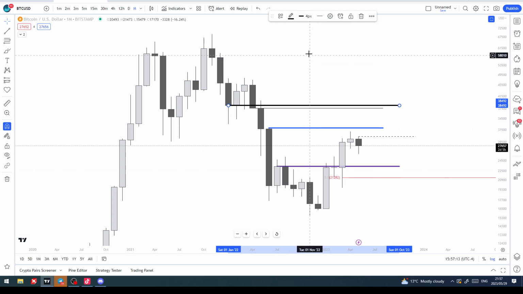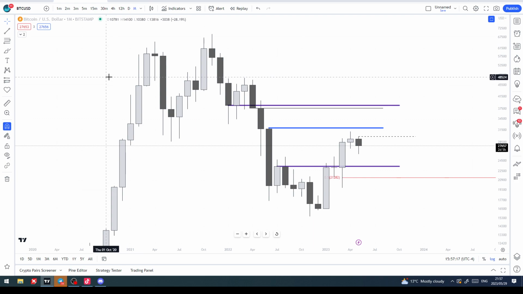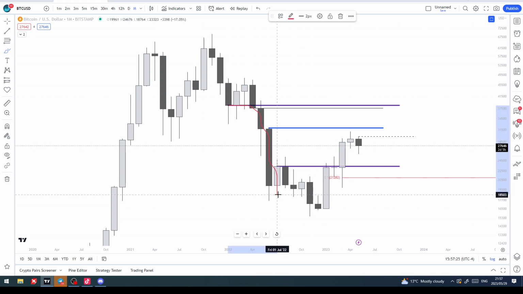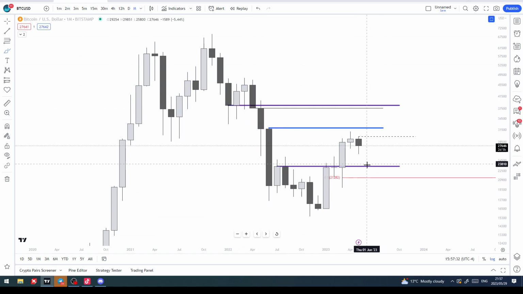And that would put us purple there. Means they need to print a monthly up candle body there at some point. Because everything from here going down was running on sell side. All of this is sell side. So we want them to print down candle body here, up candle body here.